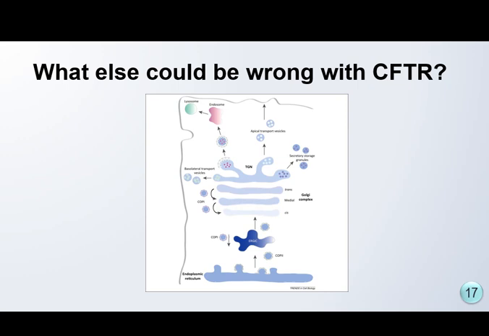For example, if you don't have transcription, if you don't have translation, do you think you will have the protein sitting on the apical side? No, right? So it's not just a point mutation; something else that is regulating the transcription or translation of this CFTR gene might also give you the same result, right? Okay, there are other things that may give you cystic fibrosis too.